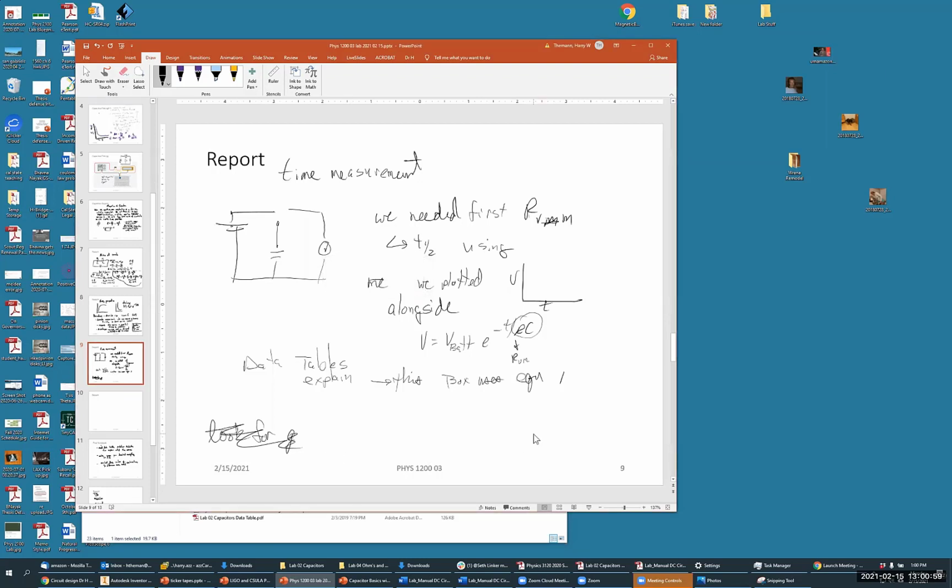Professor, it says we needed first, what's that next word? Okay, we needed first our voltmeter. Oh, thank you. Yeah, I was going too fast. I want to avoid erasing too, because I don't want you guys erasing in your manuals.